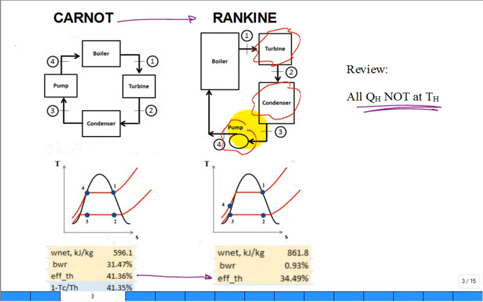The pump was great. It was right in here. And it really is a lot of insight as to why the boiler. And it's because in the Rankine cycle, this fluid coming into the boiler is cold. And it has to be heated up before it can boil to then go out as saturated vapor.